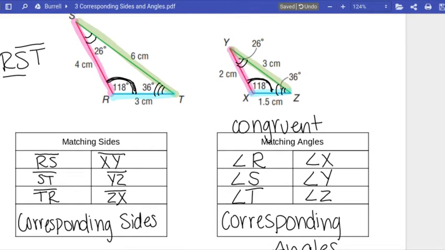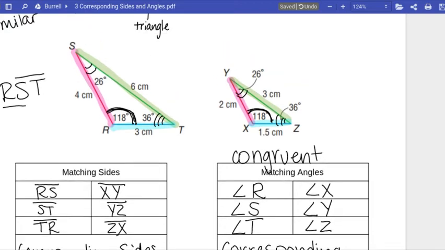Now I mentioned that corresponding angles are congruent, however, corresponding sides of similar figures are not. But we'll notice that there is actually a relationship between the two figures. We'll see that RS is 4 centimeters and XY is 2 centimeters, well, that is half the size, times 1/2.